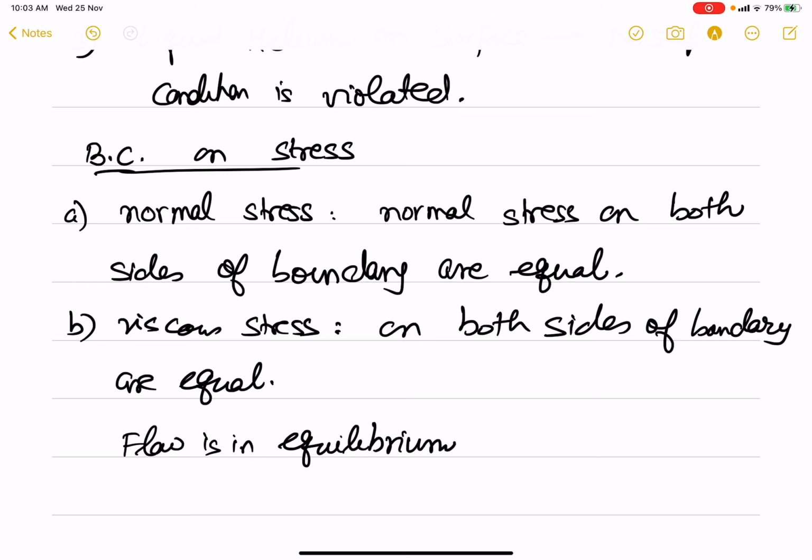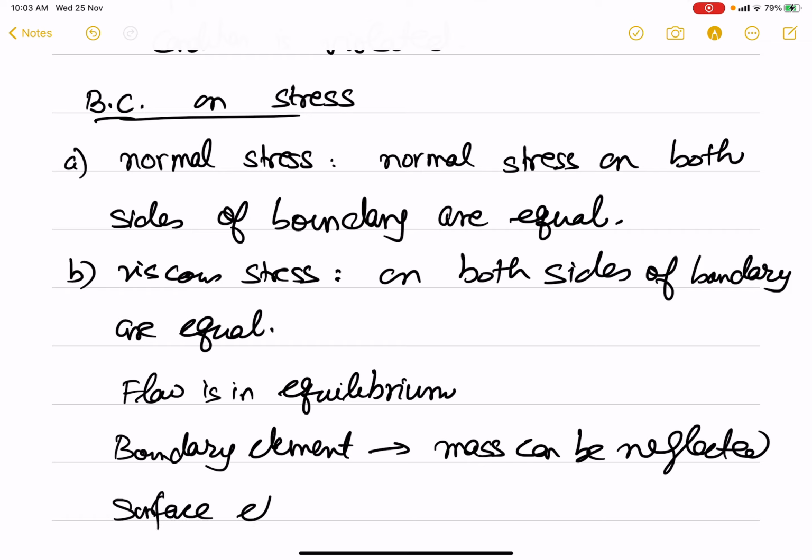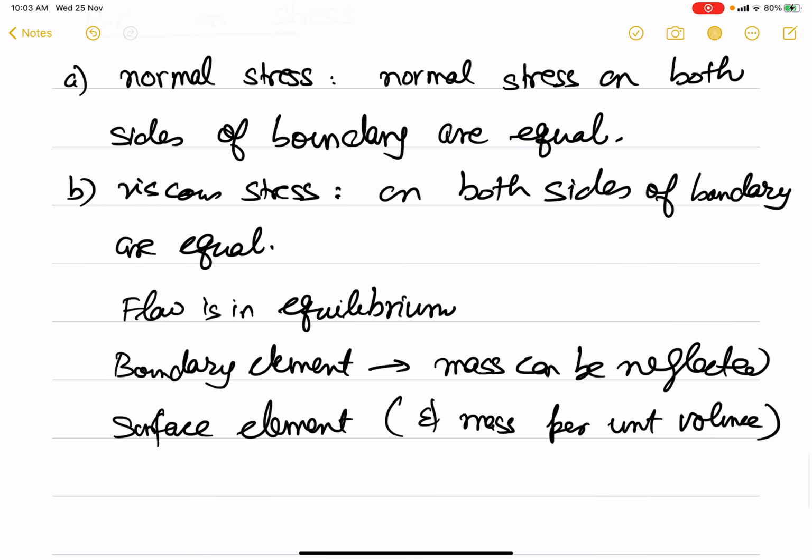And what happens is, the reason for doing this is that the boundary element, as we have seen with surface forces, the mass of the boundary element can be neglected, because the boundary element is a surface element and quantities like mass will be per unit volume, so therefore they will be very small.